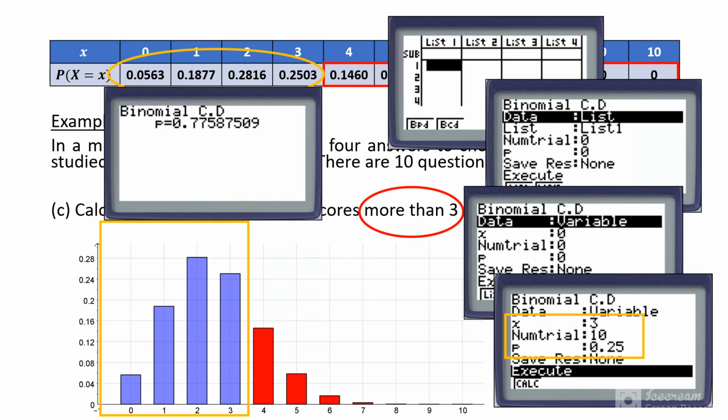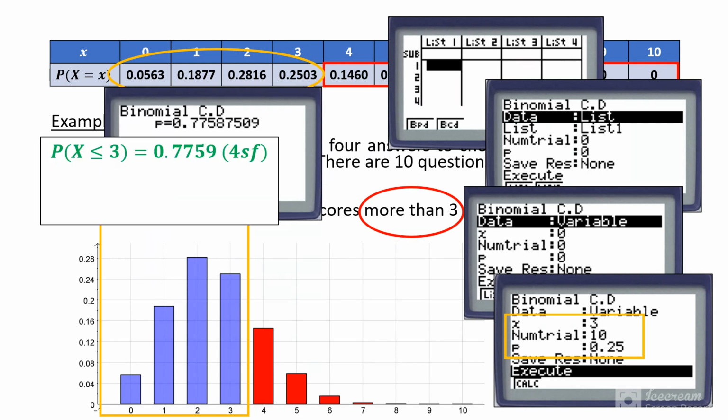So I'm going to be clever, and I'm going to take the answer I get from my calculator, and subtract it away from 1, because the entire table adds up to 100%, or 1. So when I subtract it from 1, it gives me everything else, the section that I want. So when I subtract 0.7759 from 1, I get the probability that X is greater than 3 is 0.2241.